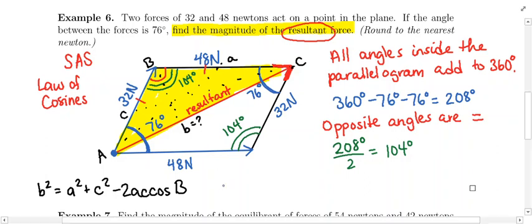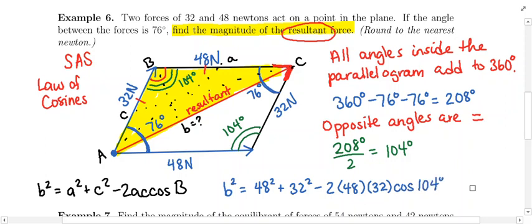So let's plug into this. We don't know what b is, so we're just going to leave b squared as b squared, but side A is going to be 48, so we're going to have 48 squared plus c squared, that's 32 squared, minus 2 times A times C times the cosine of angle B, which is 104 degrees.